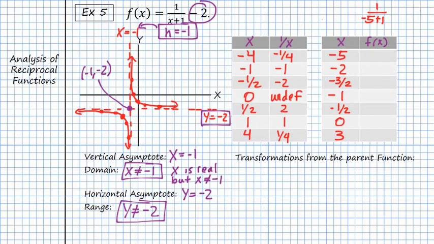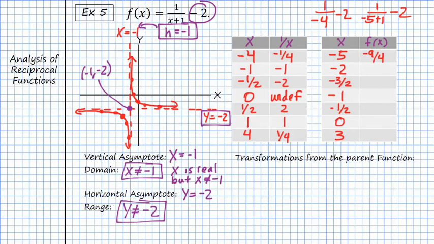So I input -5 and I say minus 2. -5 plus 1 is going to be -4. So this is 1 over -4 minus 2. And so the output here is going to be -1/4 minus 2. So it's going to be -1/4 but shifted down 2. And so I believe that's going to give us -9/4.